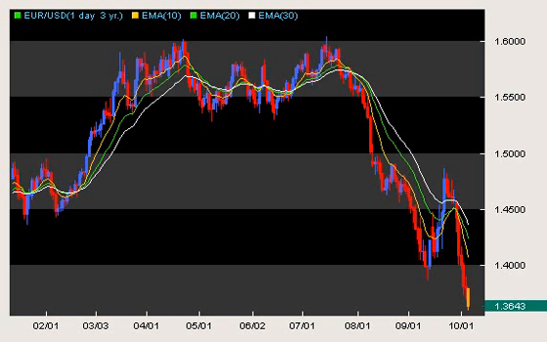Moving averages are supposedly one of the most popular and easy to use tools that individuals will employ when analyzing the market. Moving averages will tend to, some might say, make it easier to spot trends.